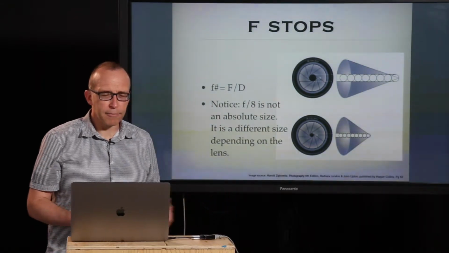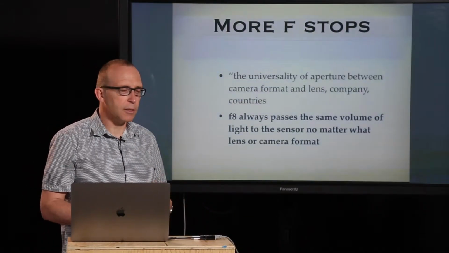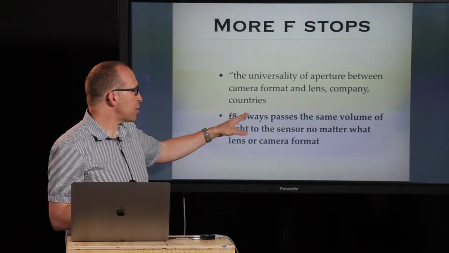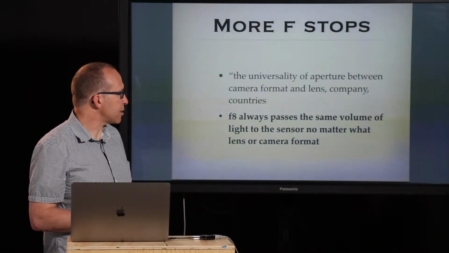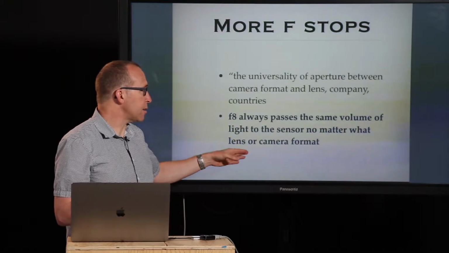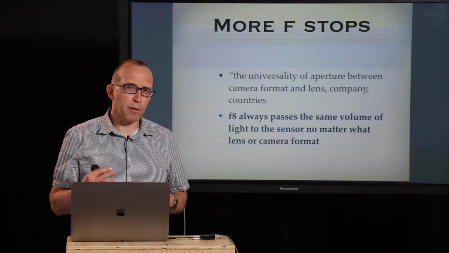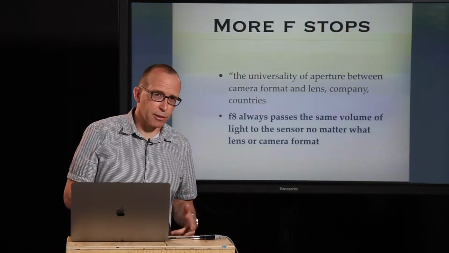because f1.8 could be different sizes depending on which lens you have. So there's a concept called the universality of apertures between camera formats and lenses. And what they're talking about is that f8 always passes the same volume of light to the sensor.